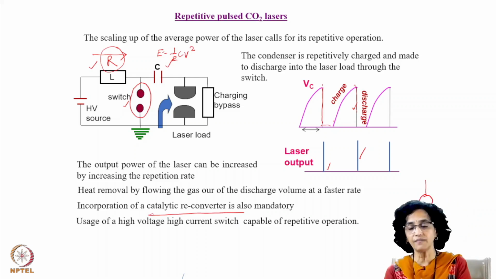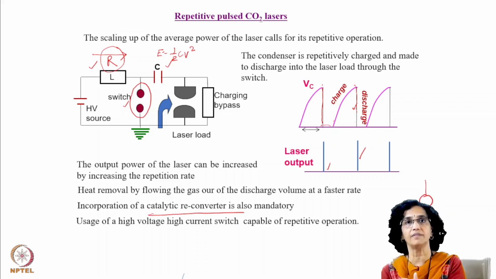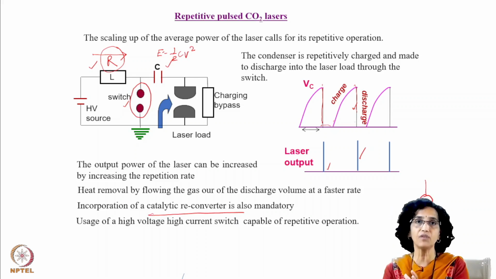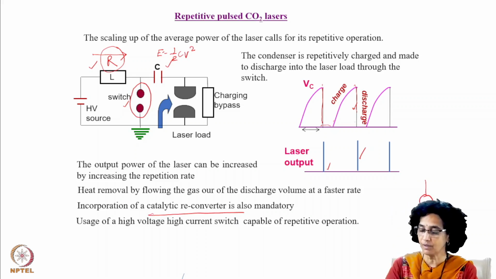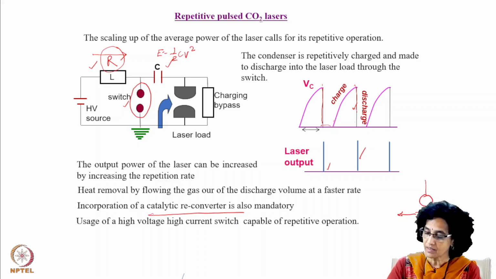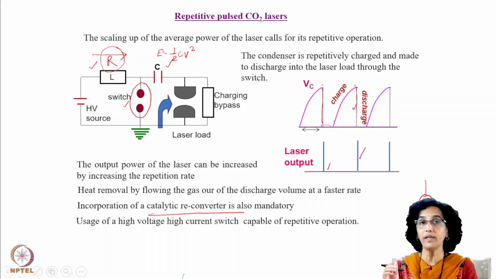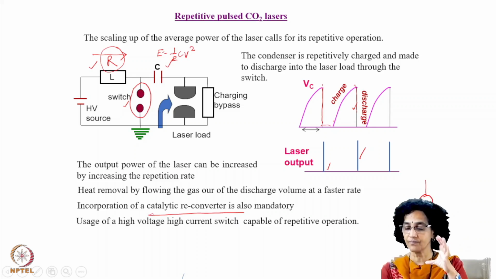And therefore, as we saw, for repetitive operation, the switch has to recover. And the recovery of a spark gap is difficult because these species have to move out of this zone. Only when they move out of the zone will it again become capable of holding that same voltage.